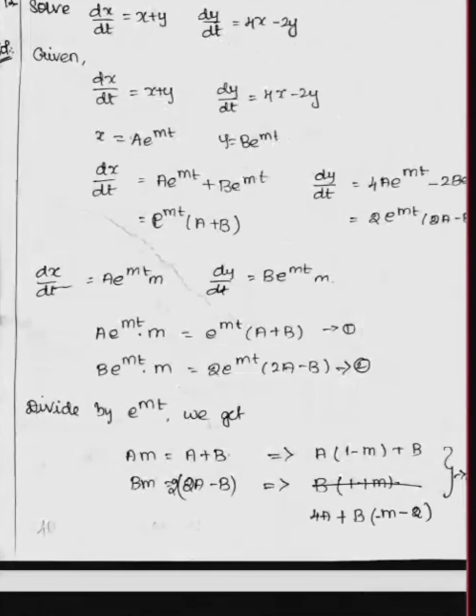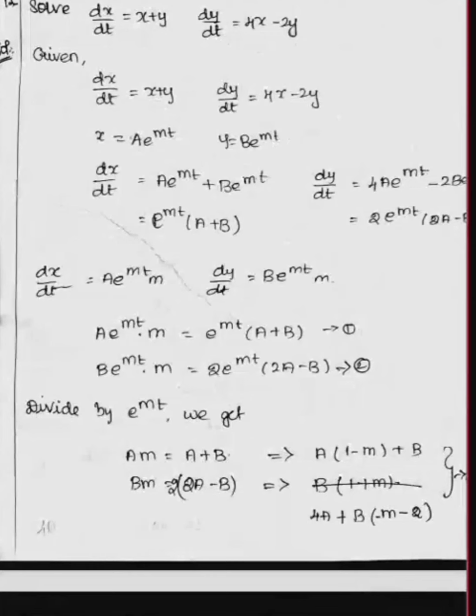Here you take x and y as a into e to the power mt and b into e to the power mt. You have to differentiate that term: dx by dt is a into e to the power mt into m, and dy by dt is b into e to the power mt into m.